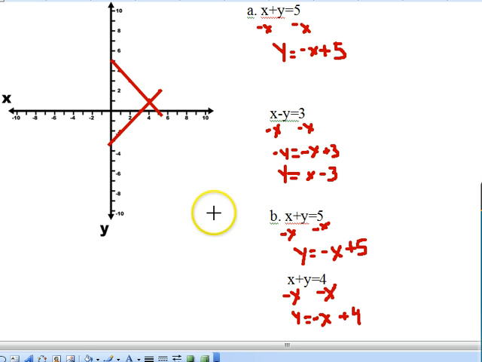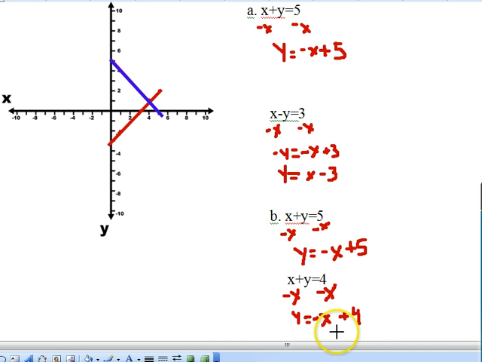Okay? So the first equation in B is intersecting at 5 again. It's actually this line here. It's the very same line. So I'm just going to go over it in blue. Okay.